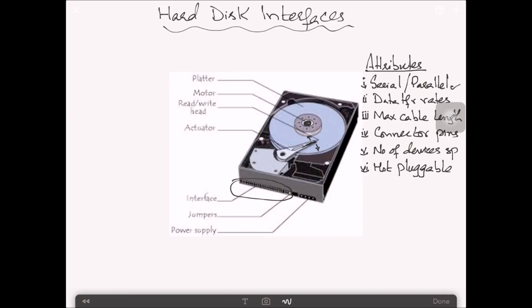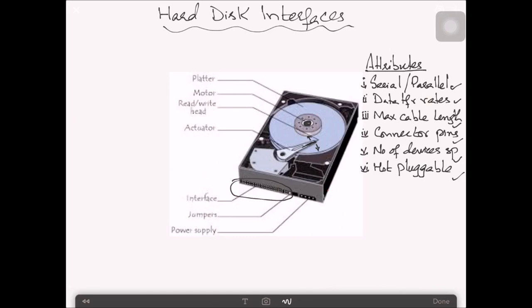We can have serial or parallel interface. These can have different data transfer rates, different maximum length of the cable that they can support, the number of pinouts, the number of devices that can be attached with a single port, and whether they support hot plugging or not.